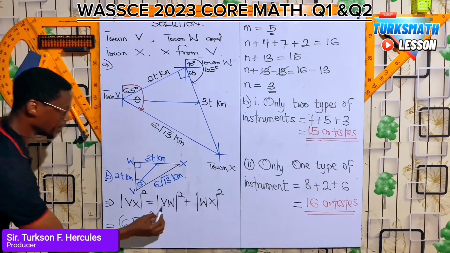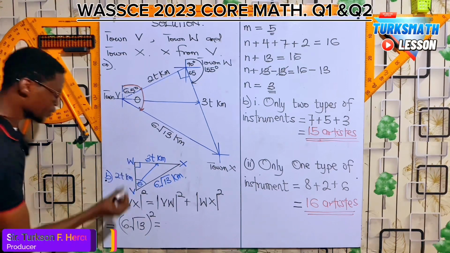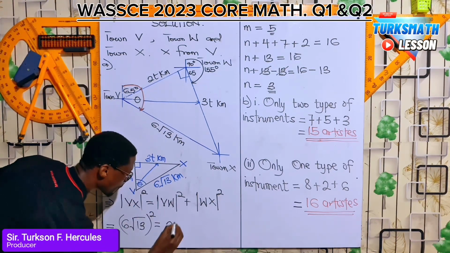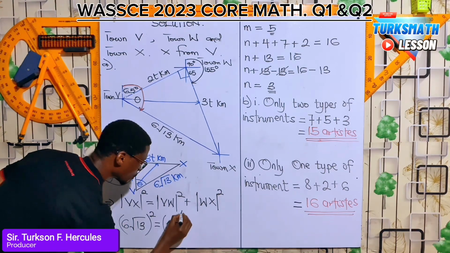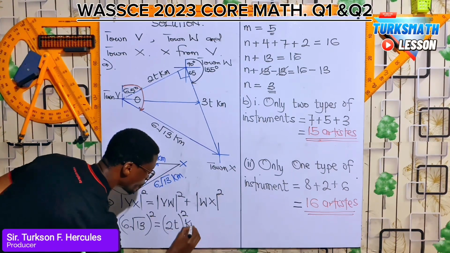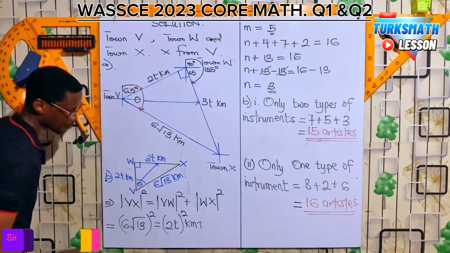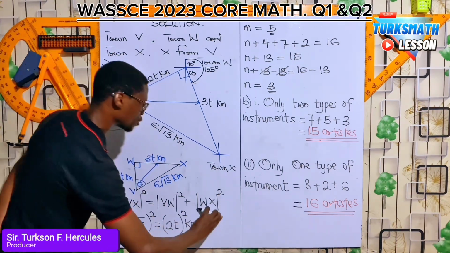What's the distance of Vw? And what is the distance of Wx?